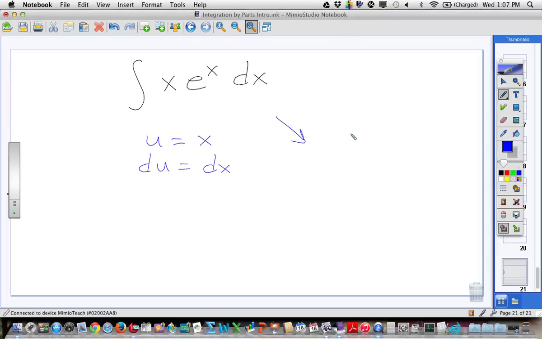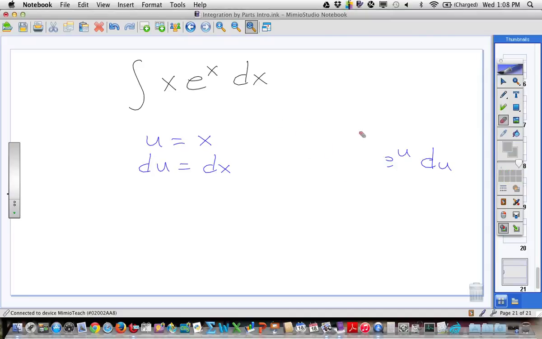And so when you substitute, that would be a u, and this would be e to the u. Now why is that no good? Because you didn't change anything. The whole point of u substitution is to change this integral into something new that we can deal with. You haven't changed it at all. It's the same thing. So in u substitution, never, never, never let u equal x. Because it's not going to get you anywhere.